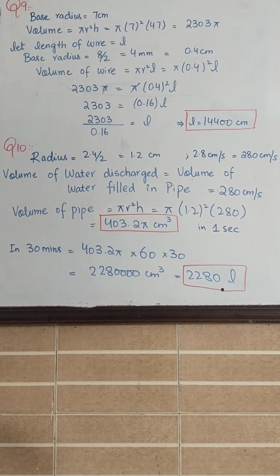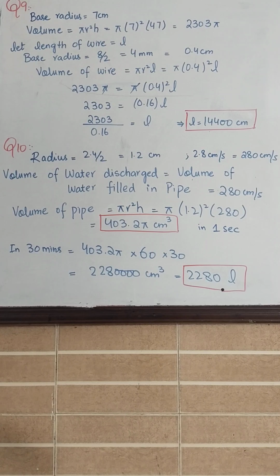So let's start. You have to find the volume. The volume is basically, you can say, the length of the whole pipe, and for this you can solve it. First of all, let's start with the radius. Radius is 1.2 centimeter.